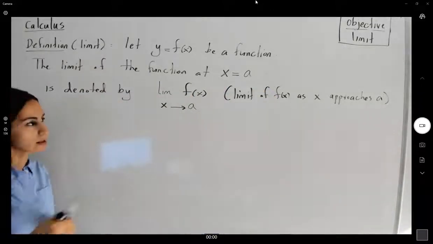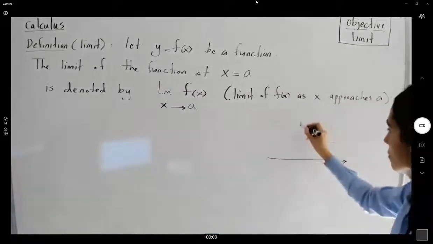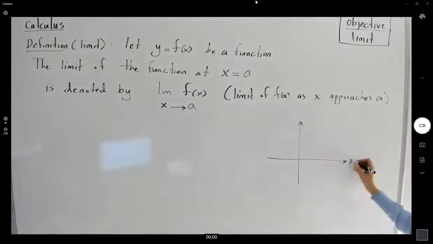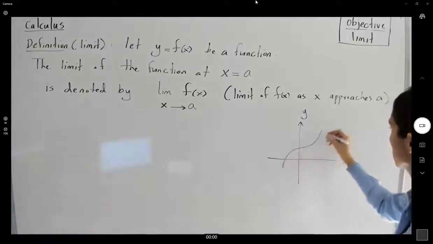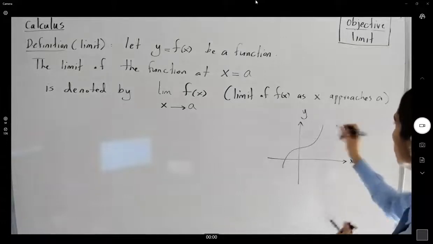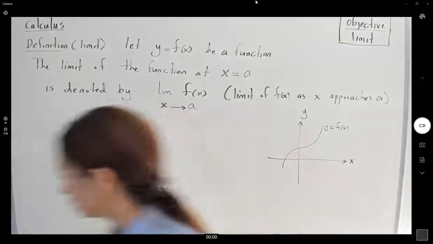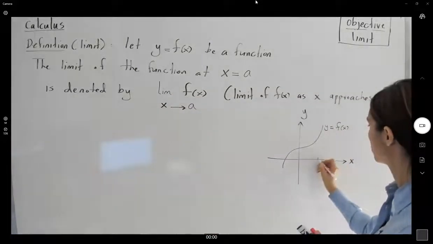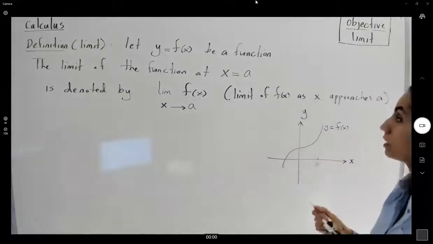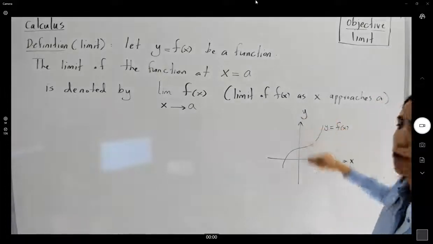So take a look at this graph. X-axis, y-axis. Suppose we have a graph of the function like this. This is your y equals f of x. This is your function, and you have a on the x-axis. The limit of the function is going to be a value on the y-axis.